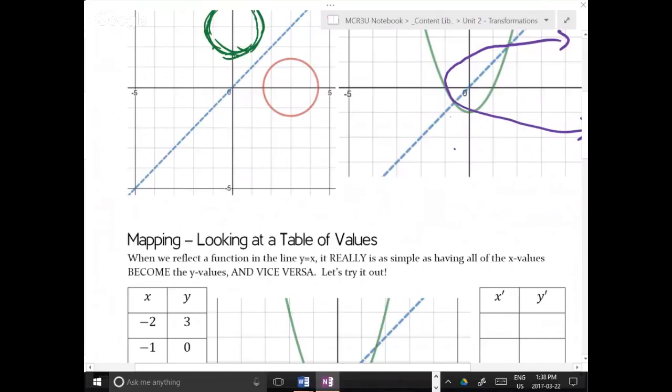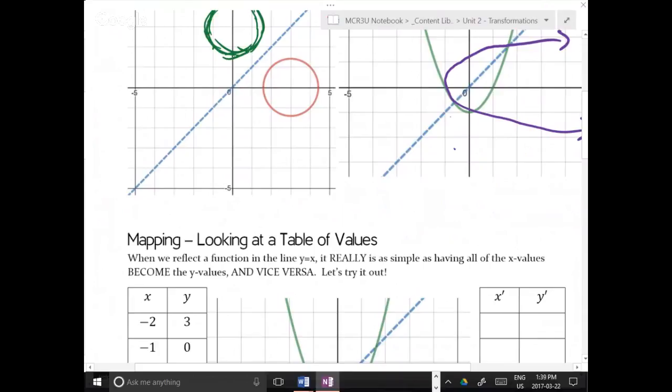When we did that kind of reflection, all the y values that were negative became positive y values, and vice versa. Does that make sense? When we did the mirror this way, so that it flipped like this, all the negative x values became positive x values, and all the positive x values became negative x values, right? Does that make sense? So, what is happening here?